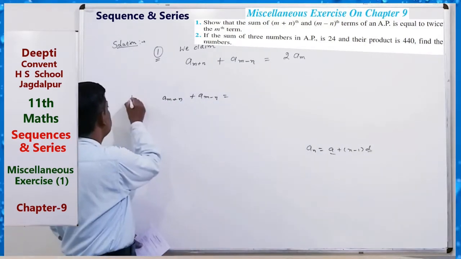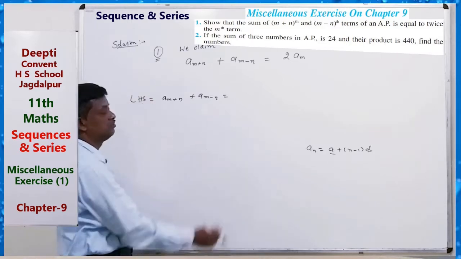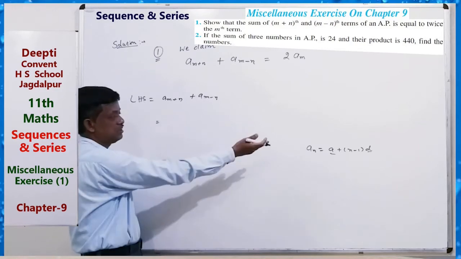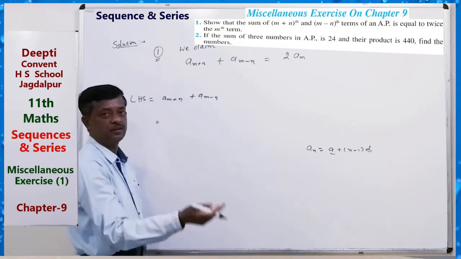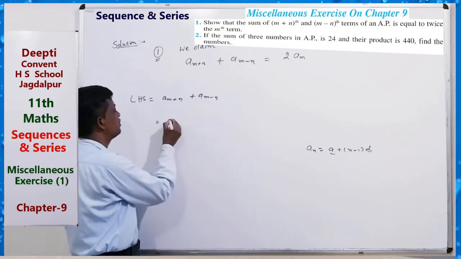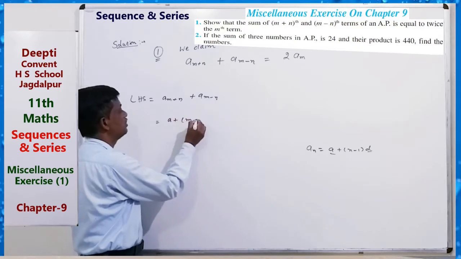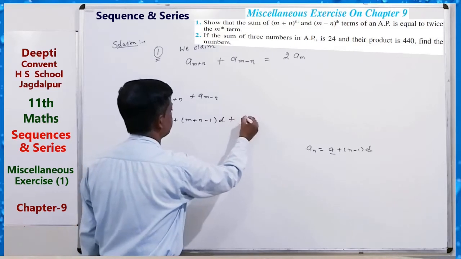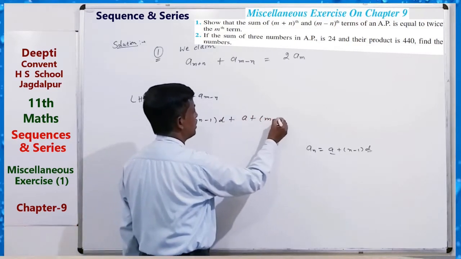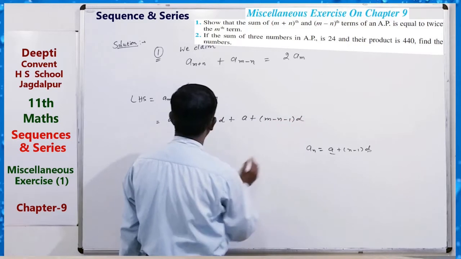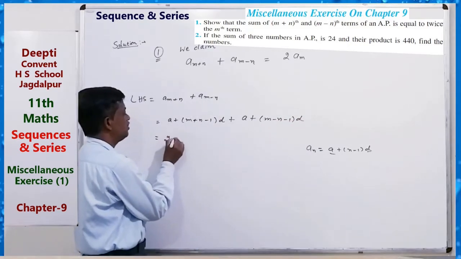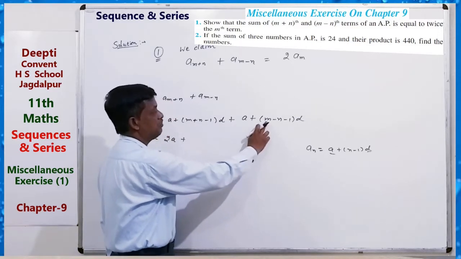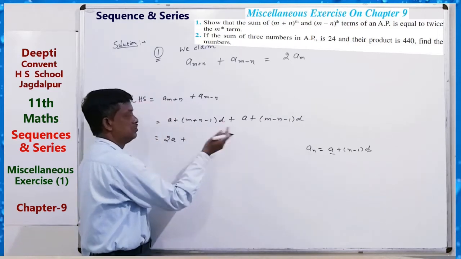So here left hand side equals, we can write all values of this by using this formula. If A and D are the first term and common difference, so A plus (m plus n minus 1) into D plus A plus (m minus n minus 1) into D. Just we can solve: 2A plus m d also.